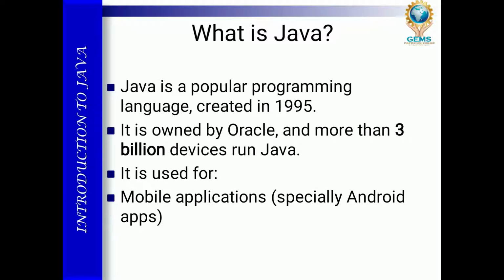It is used for mobile applications, especially Android apps. Nowadays, all over the world, people are using multiple and ample apps on mobiles. Almost all these mobile apps are designed using Java programming.